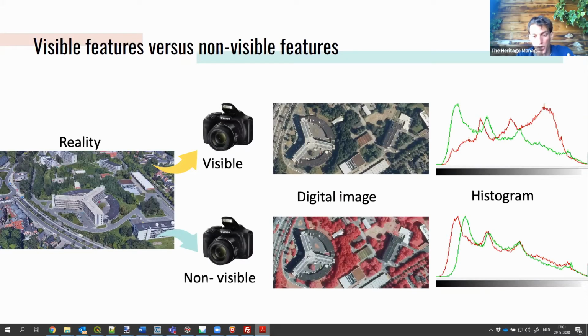But it is possible to capture the reflections of the objects and then actually make a record of the different degrees of near-infrared reflection. And by doing that and making composites of near-infrared, red and green layers, you can actually make these false color composites.